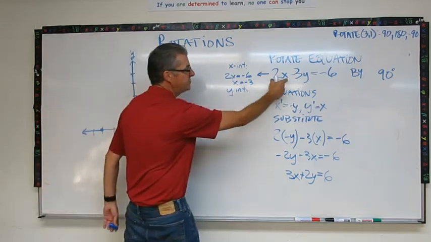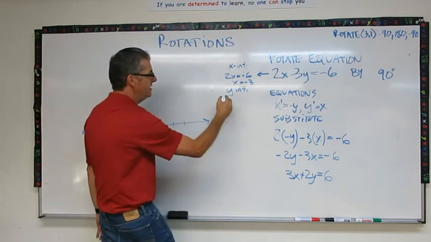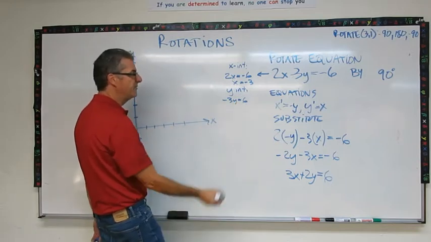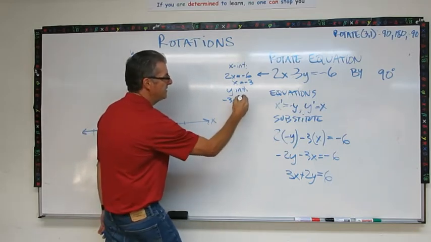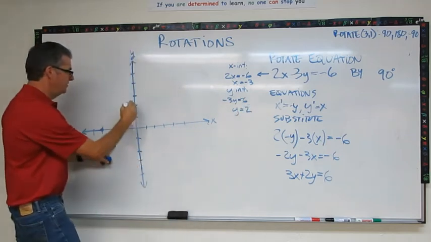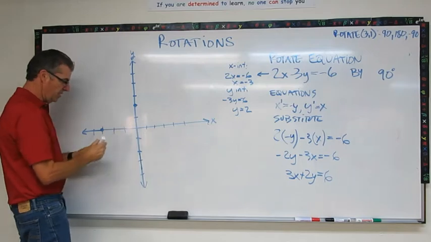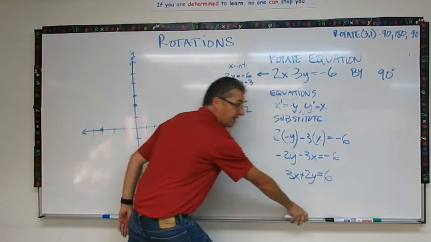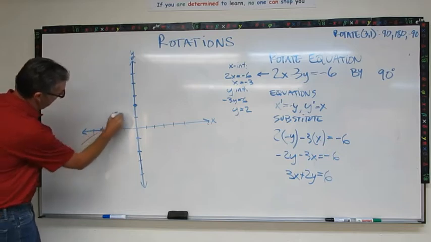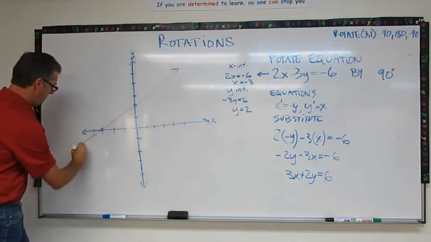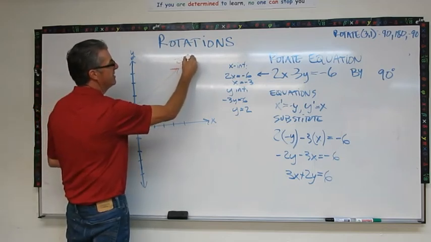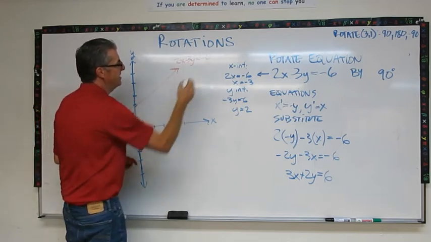So that means that this term goes to 0, and we can solve for y. That's minus 3y equals 6. Divide through by negative 3. You're going to get y equals 2. So that one comes here. So let's see how well I can draw this line. Okay, so this is the line 2x minus 3y equals negative 6.